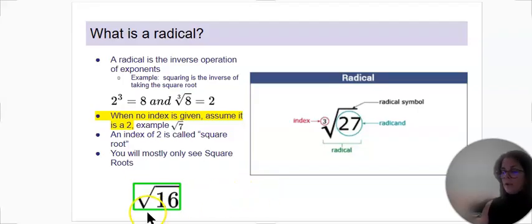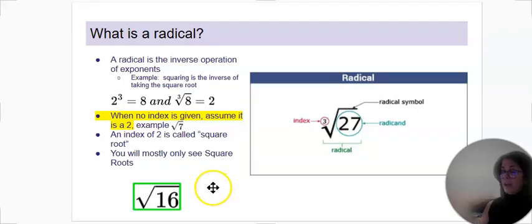Notice with square root, like this one, there is no little index. You see the little number inside of the check mark part of the radical symbol? That's called the index. If there's no number written, you assume it's 2, which is square root.